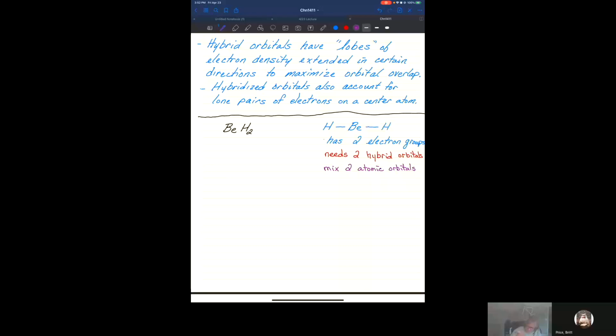Let's take a look at the orbital diagram for beryllium.